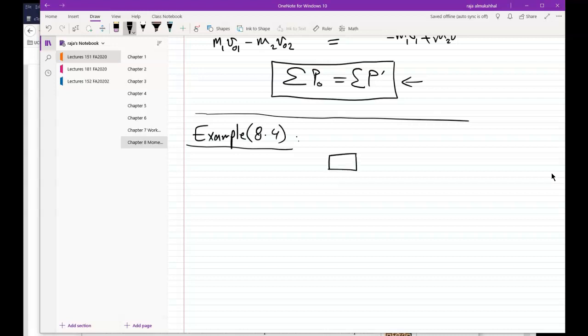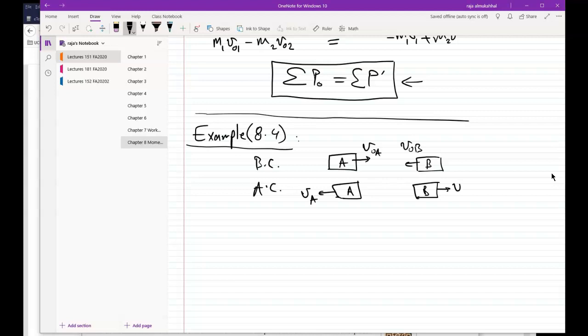Here is glider A moving with V0 A, let's call it. And then here is glider B moving with V0 B, and this is before collision, right? And then after collision, we have A moving in the opposite direction like that. I'm going to call it V sub A. And glider B is also moving in the opposite direction. So he gives you the speed of B, and that is 2 meters per second.